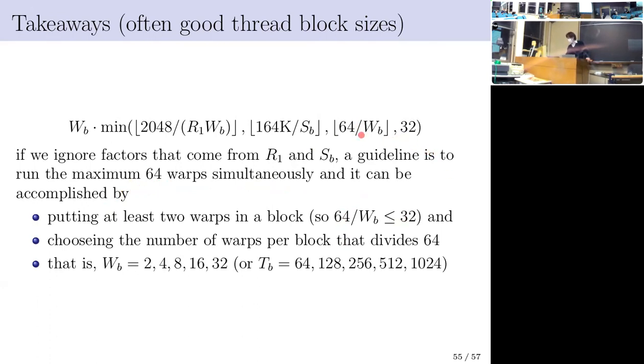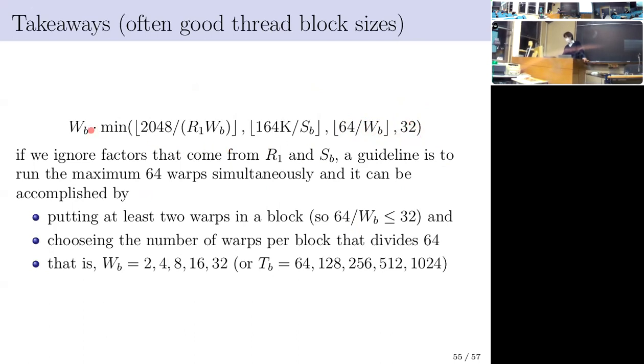So you take the minimum of these 2, right? If WB is too small, let's say 1, then this becomes larger than 32. But you still take the minimum of the 2, so you get only 32 thread blocks.